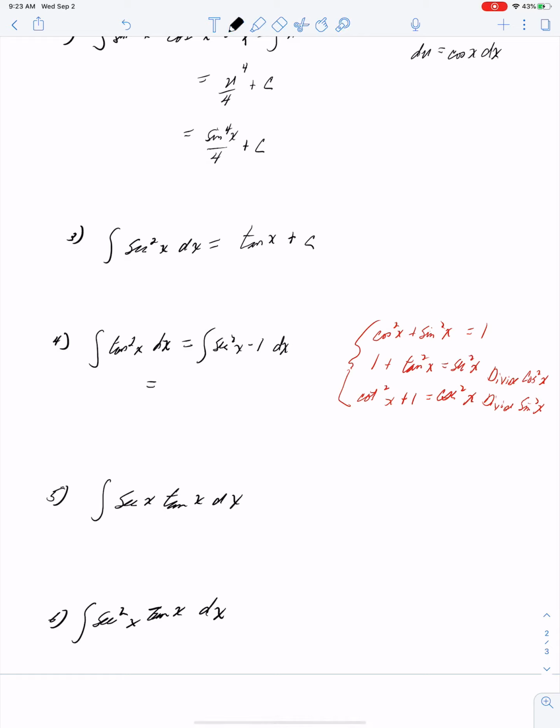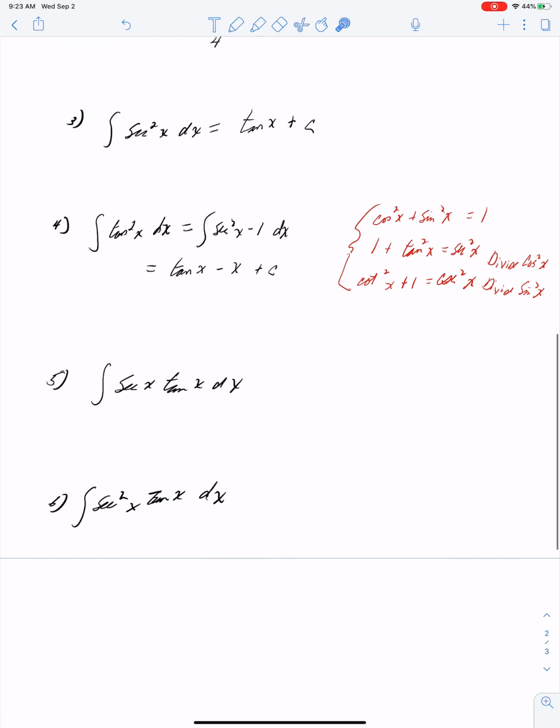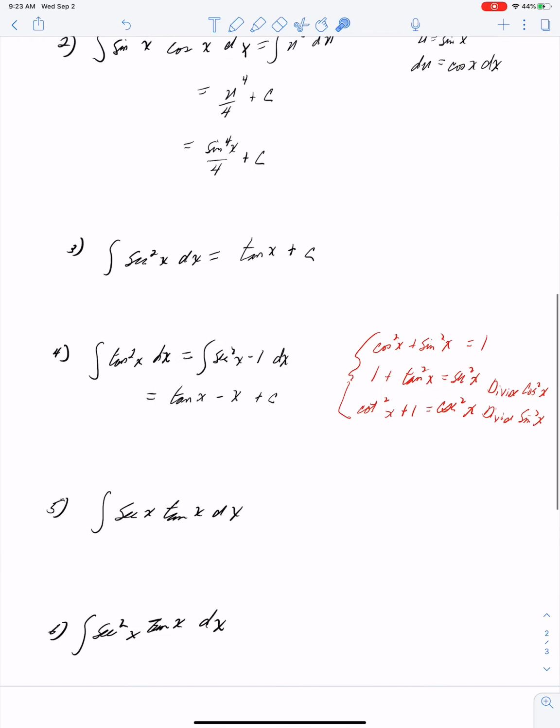It helps me because you see, I just have to integrate secant squared, and I know what that is. So what do I get? It is tangent of x minus x plus c. And the point is, by using one of the 3 Pythagorean identities, I've been able to do this problem.